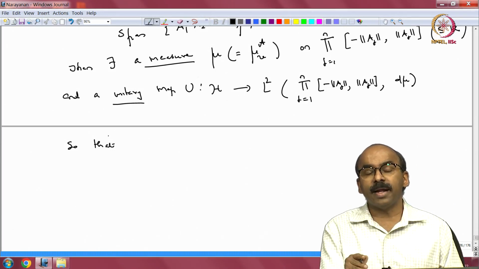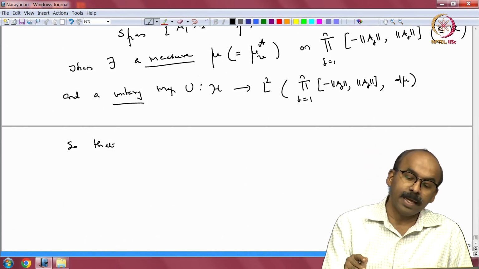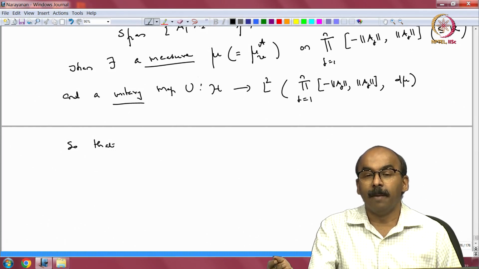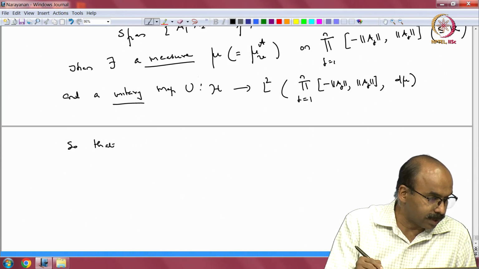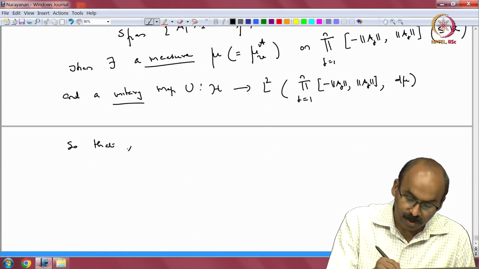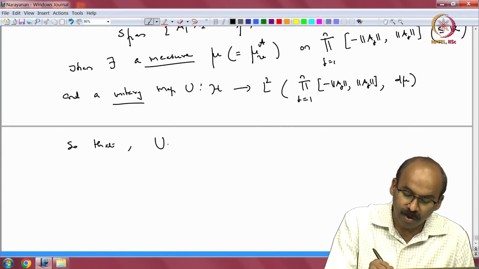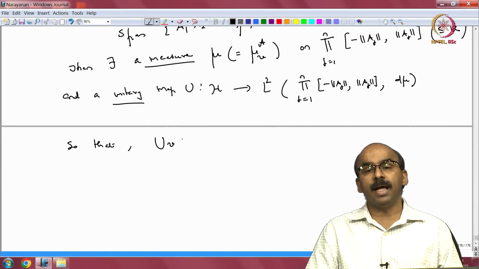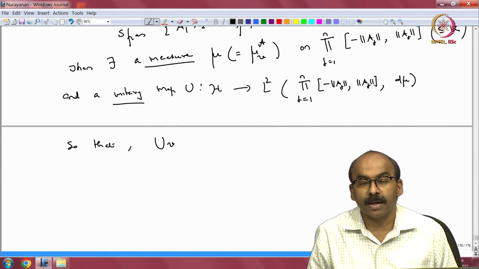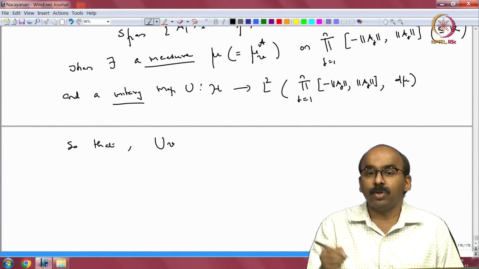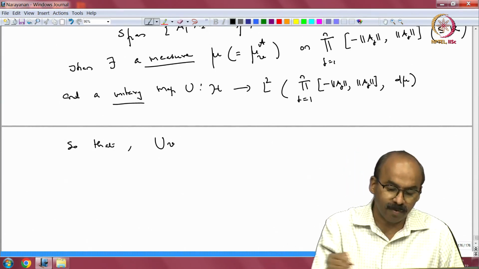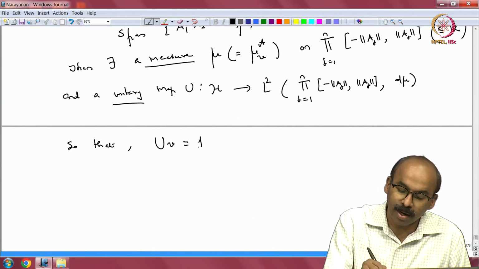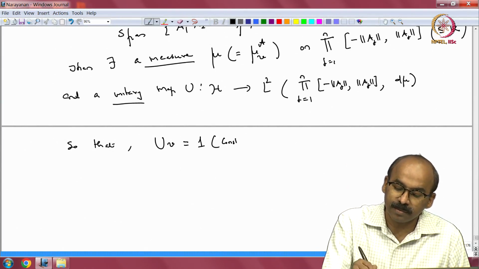such that the operators A1, A2, ..., An can be realized on the other side as multiplication by xj. So, first of all, U of V: V is a cyclic vector in H, so it should go to the cyclic vector on the other side, and that is the constant function 1.